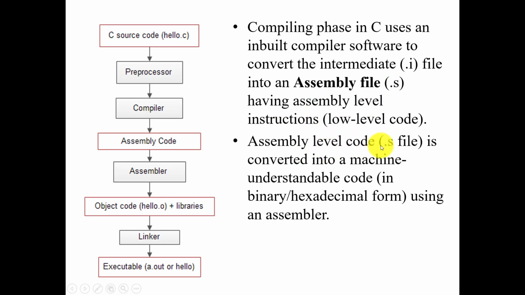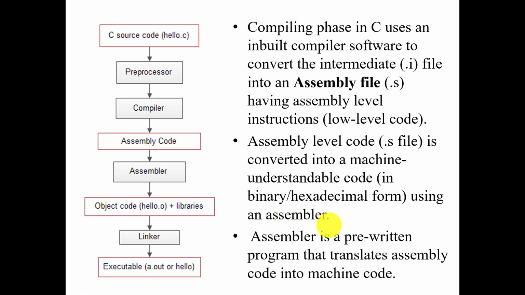The assembly code, with the extension .s, is converted to machine understandable code using an assembler. So the compiler converts the assembly language, and inside the compiler there are different phases, and it includes the assembler also. Now what is an assembler? An assembler is a pre-written program that translates assembly code into machine code.